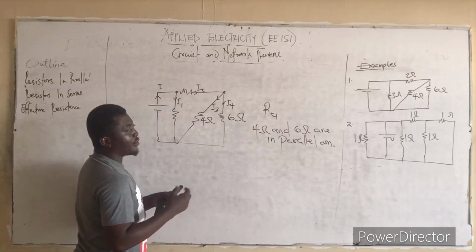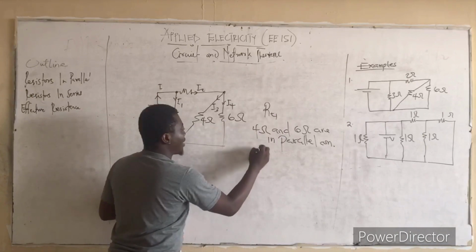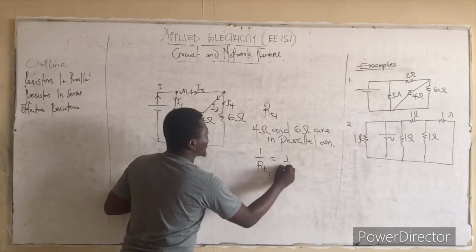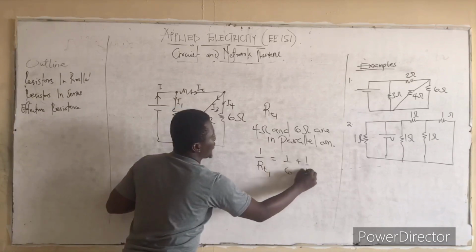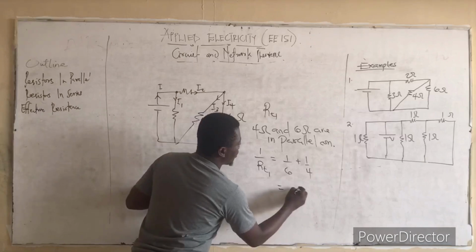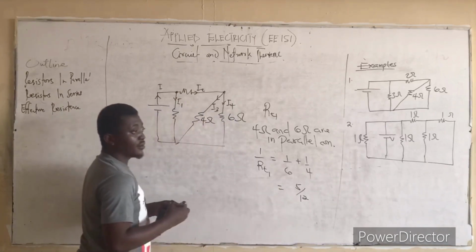If they are in parallel connection, to get the effective resistance, which is RT1, you write 1 over RT1 is equal to 1 over 6 plus 1 over 4. And this is going to give you 5 over 12.